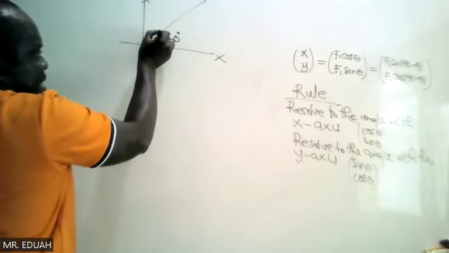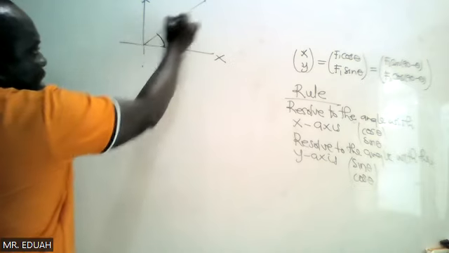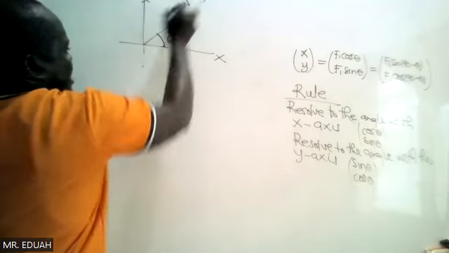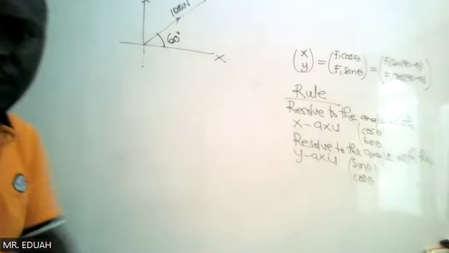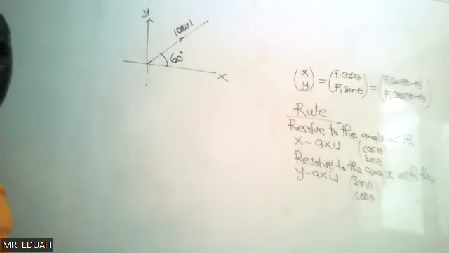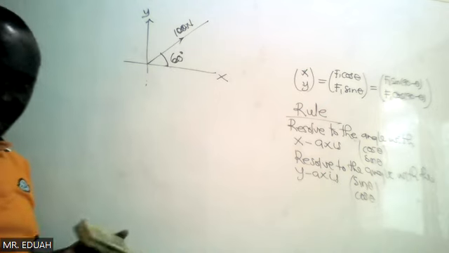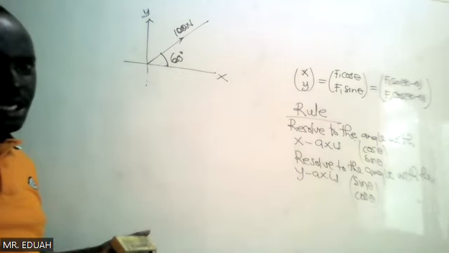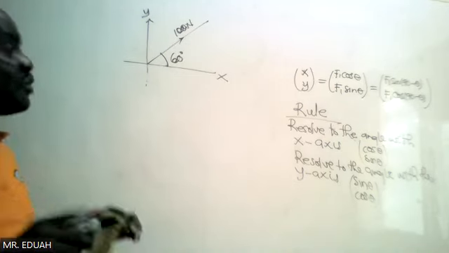What is the 60? It means the angle this force of magnitude 100 Newton makes with the y-axis is equal to what? Listen to the question.